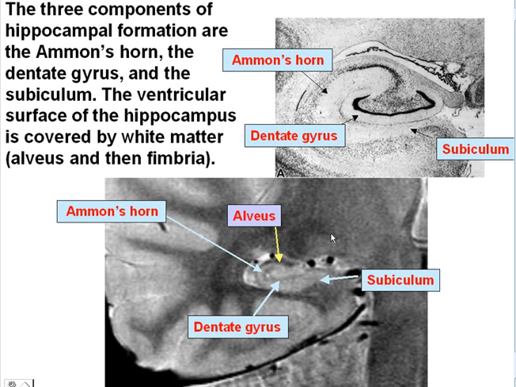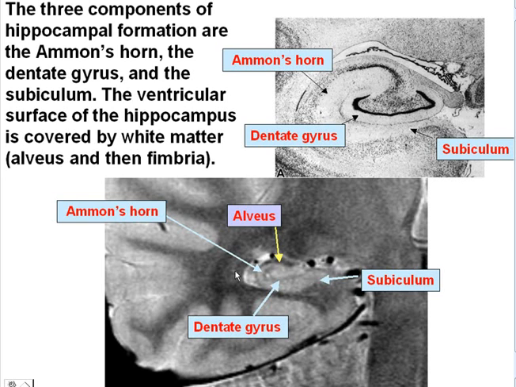In the hippocampus, the three components of the hippocampal formation are Ammon's horn, the dentate gyrus, and the subiculum. The subiculum is part of the parahippocampal gyrus and forms the table of the hippocampus. And at the end of the subiculum, Ammon's horn starts to form, and then this is received by the dentate gyrus.